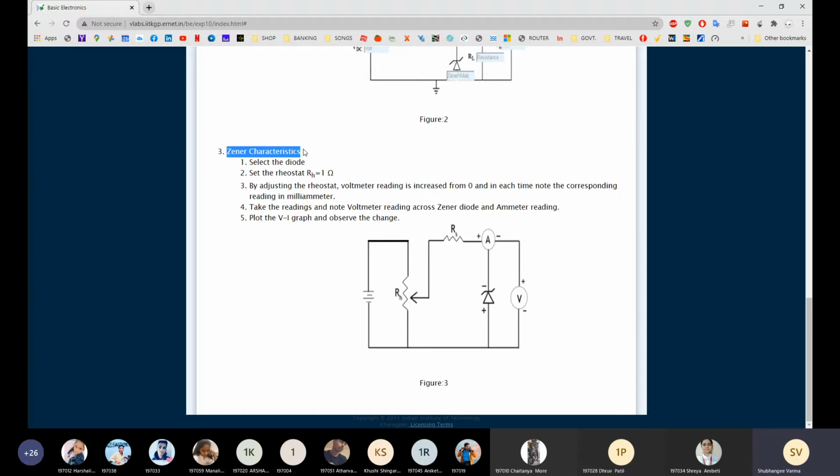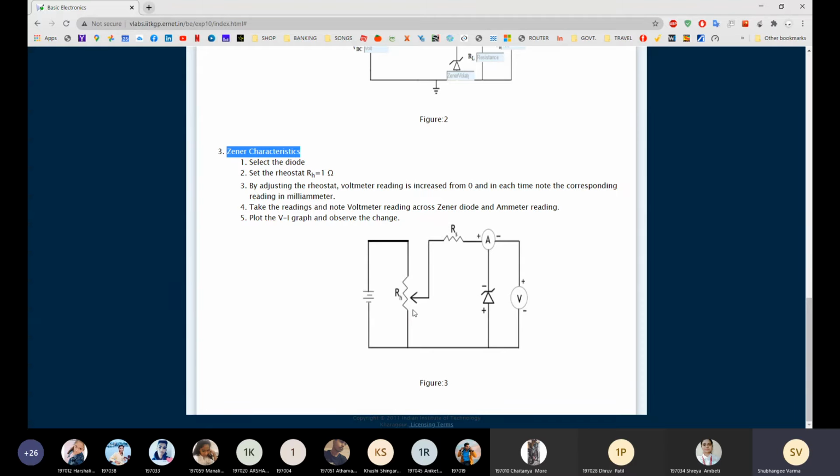I have also uploaded that STC curriculum on our Edmodo classroom. So go through that curriculum, and there you can find the list of experiments. The first experiment is VI characteristic of PN junction diode. The second experiment is VI characteristic of Zener. So here the third parameter is Zener characteristic, and this is our experiment number 2.